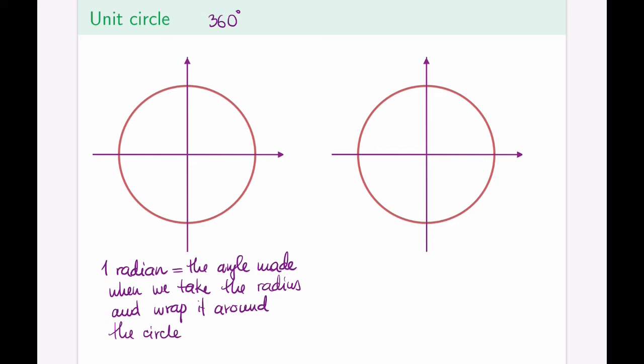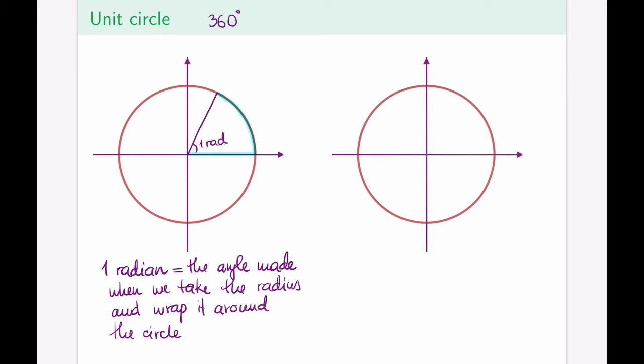Let's draw this out. Again, you're not going to be able to do it exactly, but we can eyeball it where I would like to see that the length along the circle is the same as the actual length of the radius. So this is what we call 1 radian.